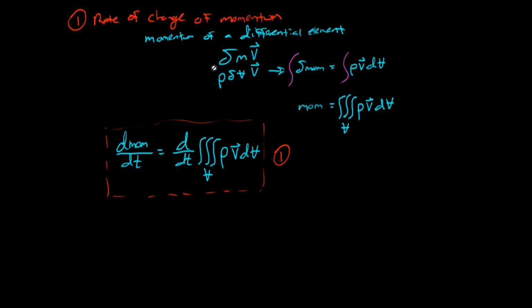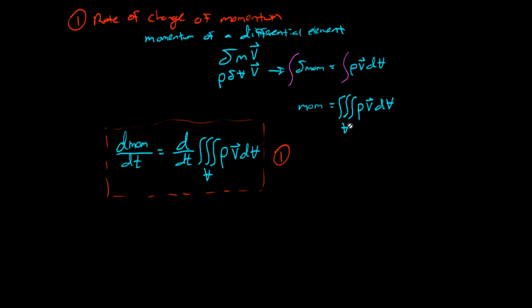And so this is differential mass times the velocity vector v. We can, of course, then integrate this to get the overall momentum, and it's going to look like the integral of this differential momentum just gives us momentum. And the integral of rho v dV here is going to give us the momentum.